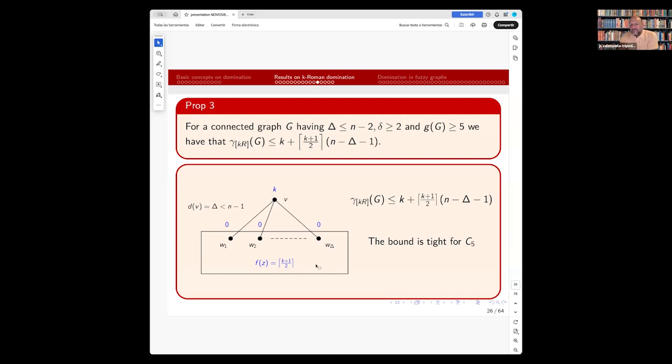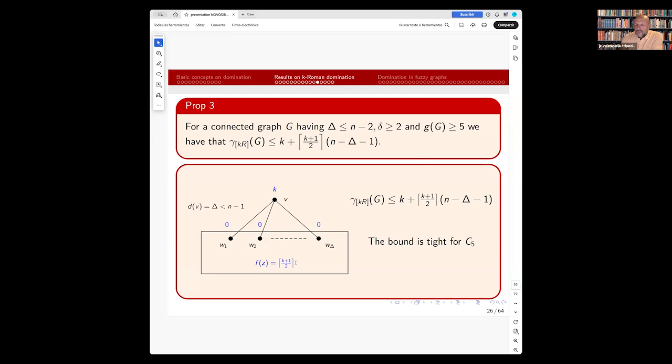Why can we do it? Because, of course, the vertex B is self-protected, but the remaining vertices, because the minimum degree is 2, must have another neighbor in the graph G minus B, and also as the girth is at least 5, every vertex in this graph must have a neighbor having the label k+1/2.